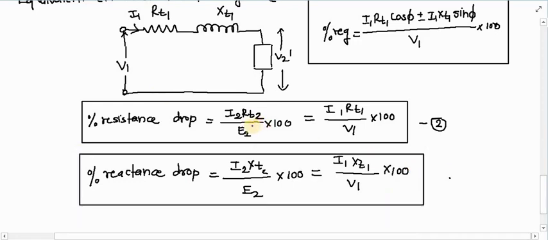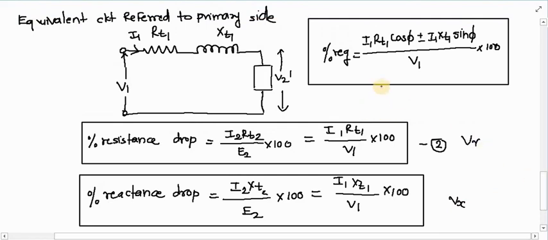So let us call the resistive drop VR and the reactive drop Vx. So this is the percentage resistive drop VR, and this one is your percentage reactive drop Vx.